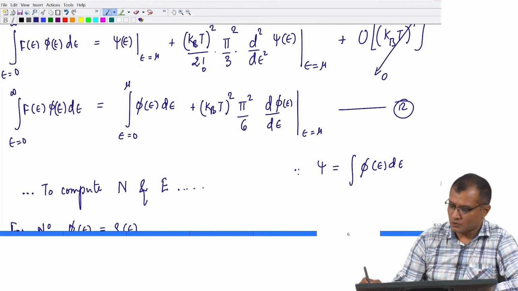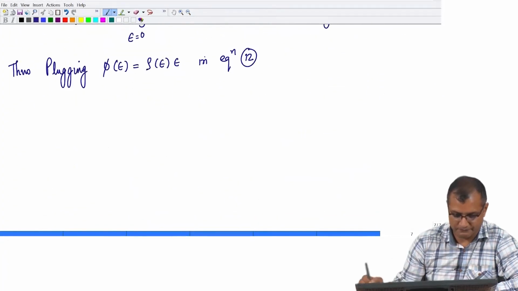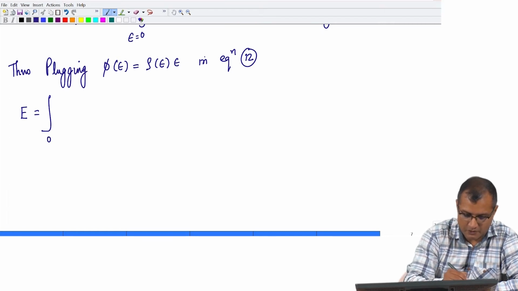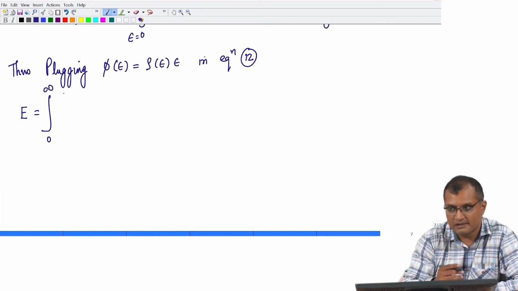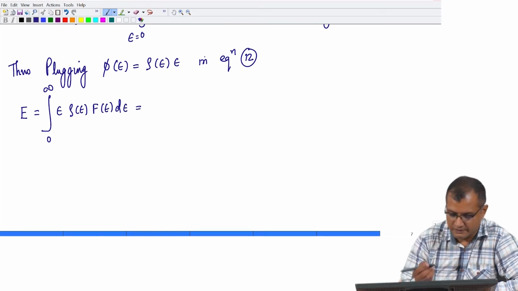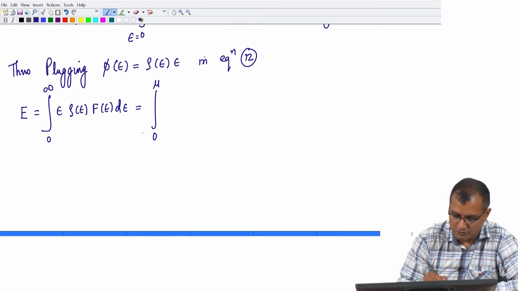Yeah. So, what I get is the left hand side is the energy, so this would be 0 to infinity, because we are at finite temperature, all energies are possible now. Energy times the density of states into the Fermi function, and the right hand side was nothing but integral 0 to mu rho E times E dE.